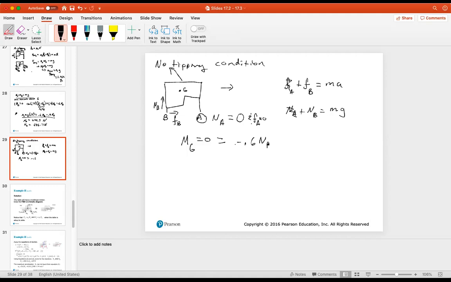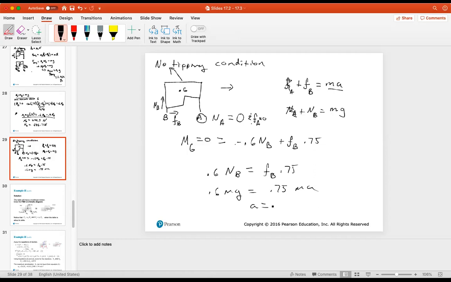So that's going to be minus 0.6 in B plus the friction force at B, which I don't know, but it's there. It's 0.75. It has to equal 0. Turning that around, then, using the fact that the friction force equals MA, I would get 0.6 in B equals FB times 0.75, and I'm going to plug in these two results and get 0.6 times mg equals 0.75 times ma.